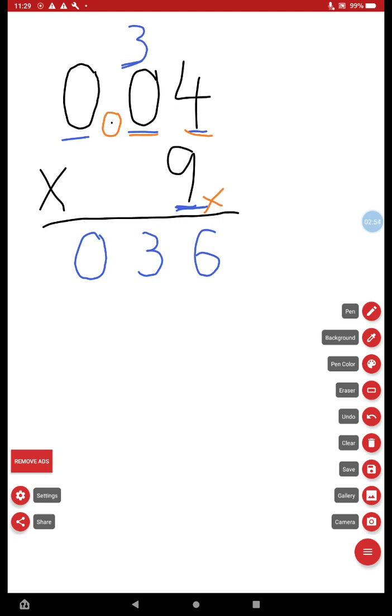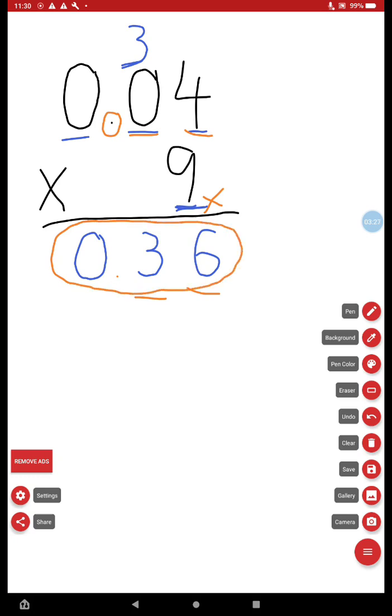Since there's 2 numbers to the right of the decimal point, that means my answer has to have 2 numbers to the right of the decimal point as well. 1, 2. I need to put my decimal point right here because that gives me 2 numbers to the right of the decimal point, just like what's in my problem. So my answer isn't just 36, my answer is 36 hundredths.